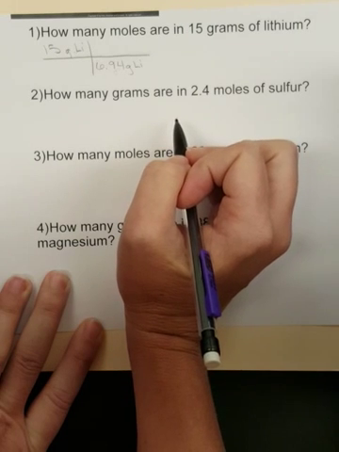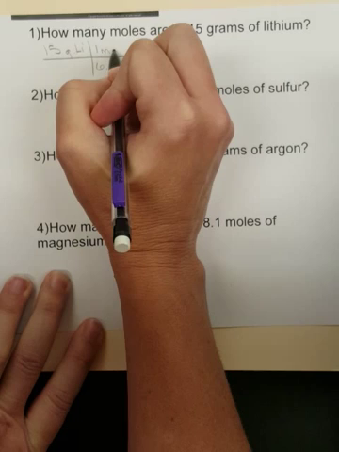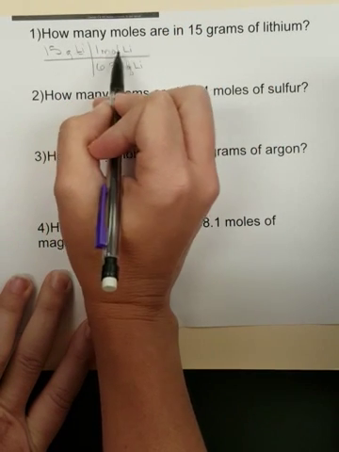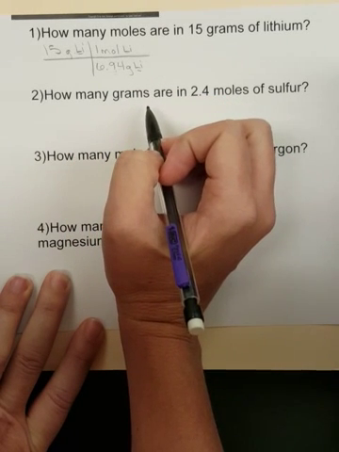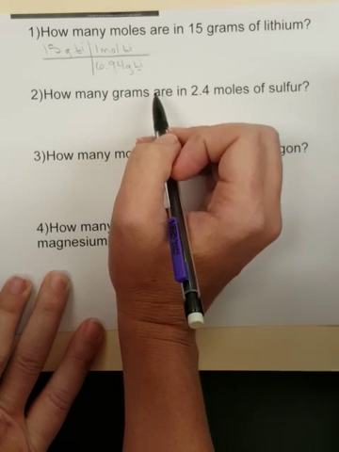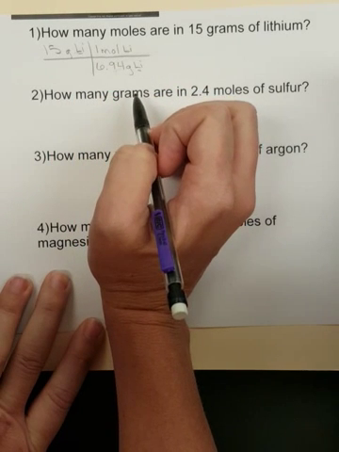Since it came from the periodic table, we know that our units are grams per mole, so I'm going to put 1 mole of lithium on top. Get used to writing the symbol of the elements in the boxes, because later on we're going to use multiple compounds or elements in one set of T-charts, and it can get confusing unless you have the symbols written in.